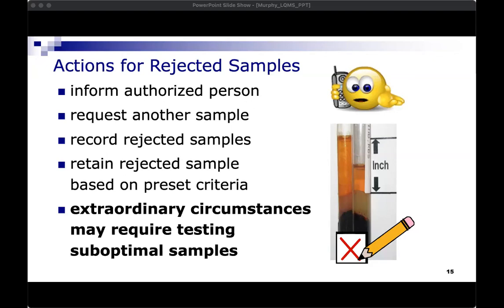So samples that are collected in the wrong tube or container, for example the wrong preservative, again maybe that can be compromised, maybe not. You can't run an EDTA sample, a purple top, on a chemistry analyzer, right? It's just not going to work. So sometimes things like that are cause for automatic rejection.